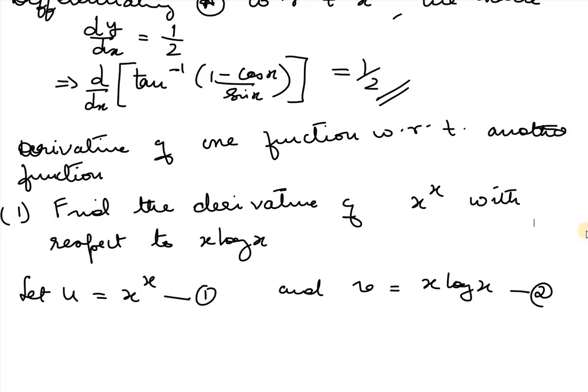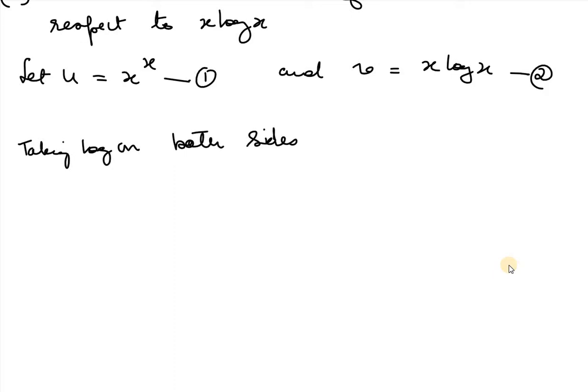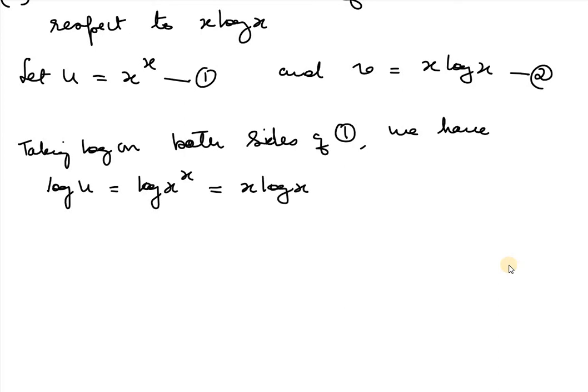So now next step, from equation 1, taking log on both sides of 1, we have log u is equal to log of x to the power x, which is the same thing as x log x, by using the property of logarithm, log of m to the power n is n log m.